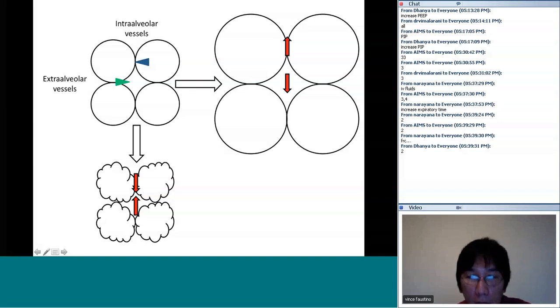However, the space inside the four balloons actually decreases in size. So the pressure goes up, and that's your extra-alveolar vessels. So the increase in PVR when you are below FRC is secondary to extra-alveolar vessels, while the increase in PVR with hyperinflation is secondary to your intra-alveolar vessels.